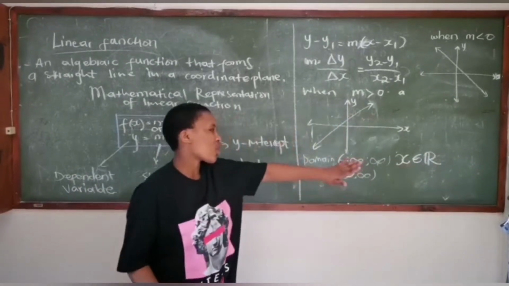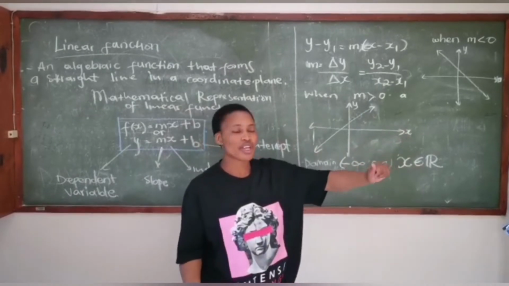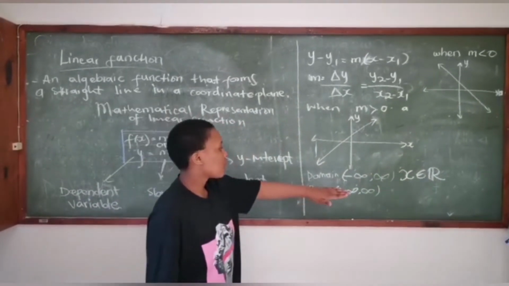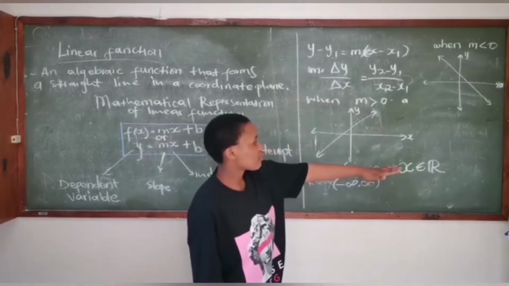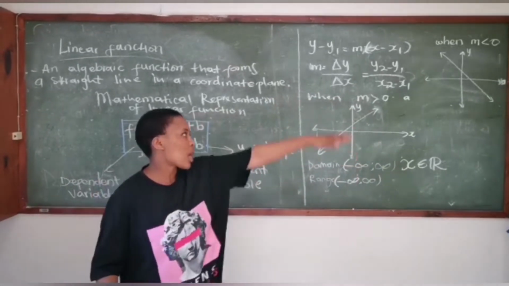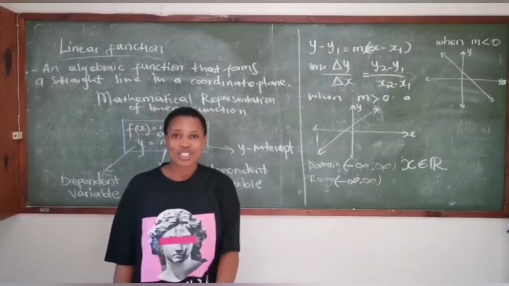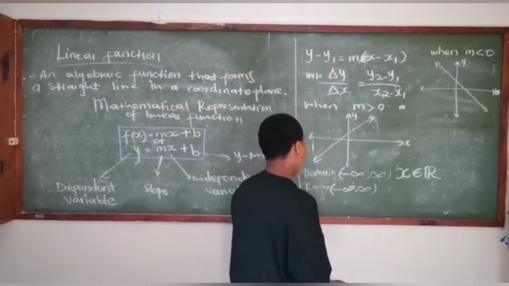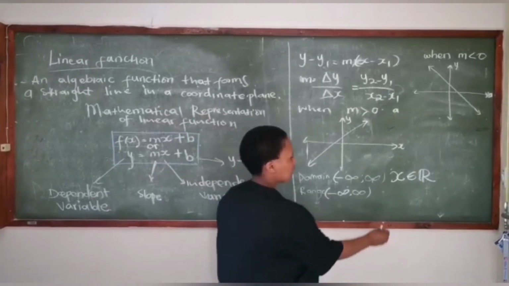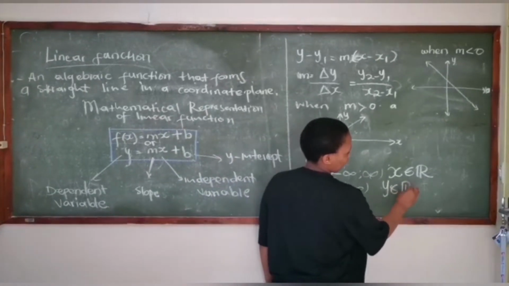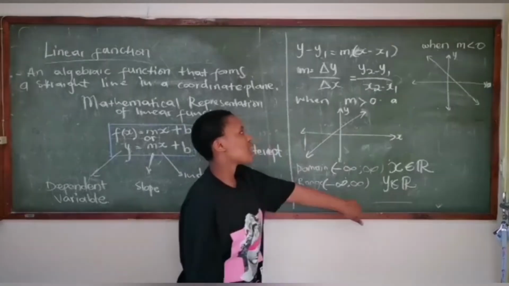Your real numbers are all the numbers from negative to positive infinity, and the same applies to your range. It starts from negative infinity on your y values until positive infinity. Hence you can say y is an element of real numbers, easy and simple.